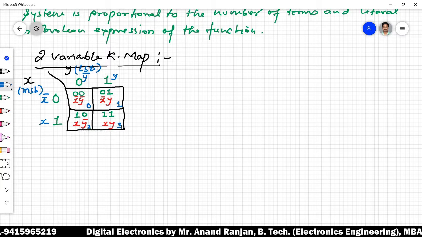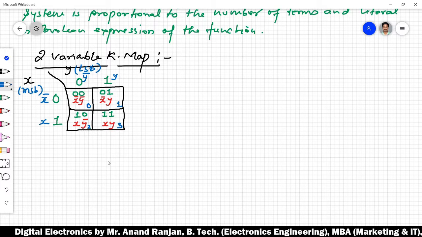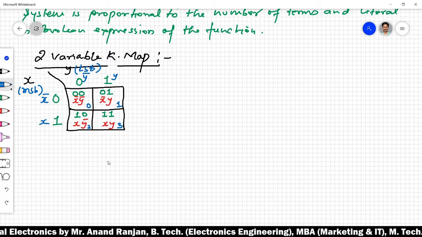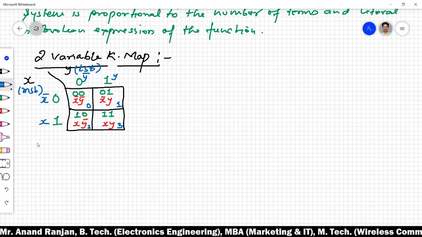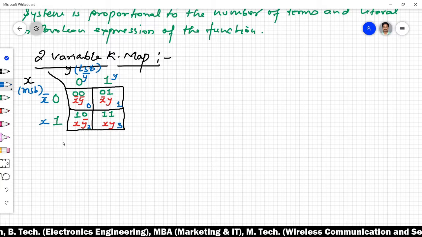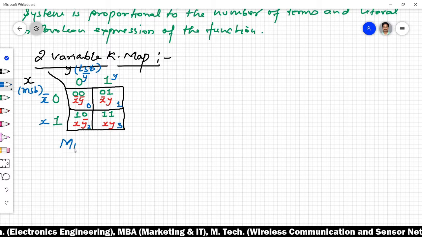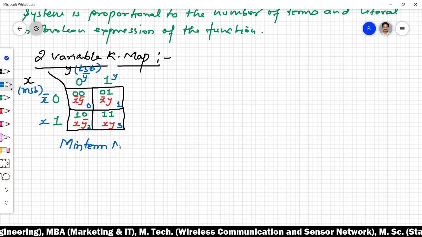So this is a very important concept which will help us with further simplification of the Boolean expression. And of course this small two variable Karnaugh map we have just discussed is the case of the min term map.